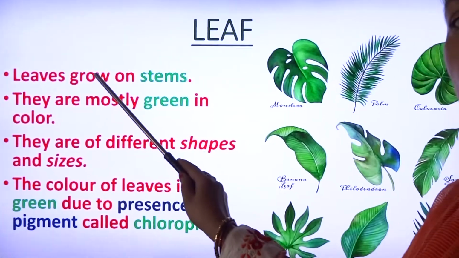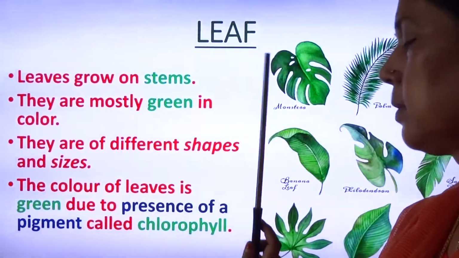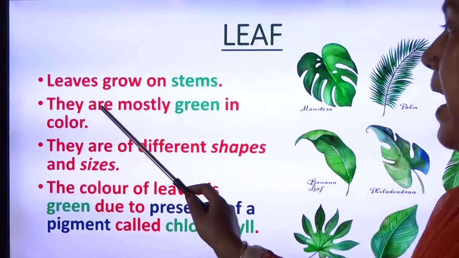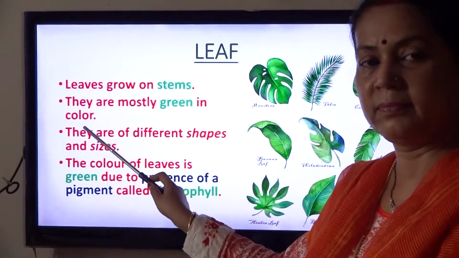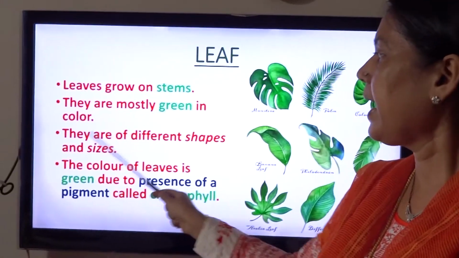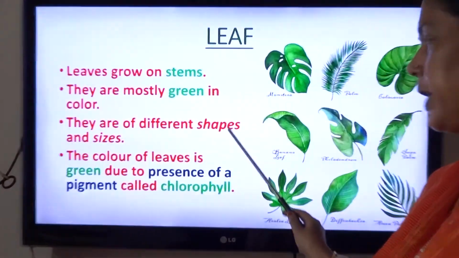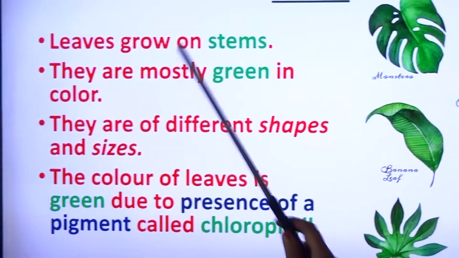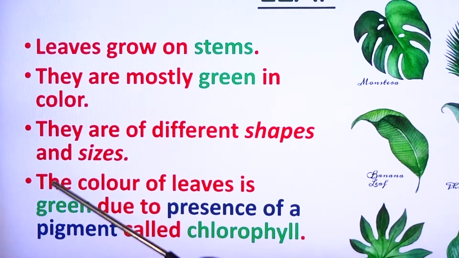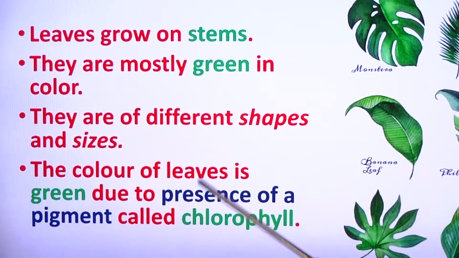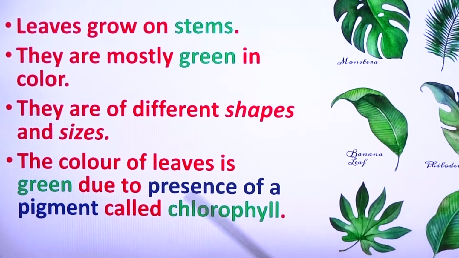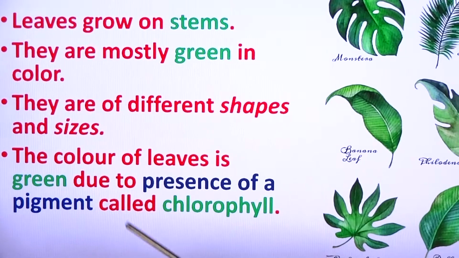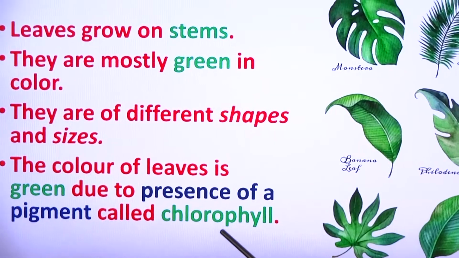Leaves grow on stems. They are mostly green in color. They are of different shapes and sizes. The color of leaves is green due to presence of a pigment called chlorophyll.